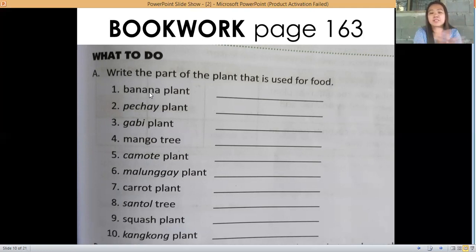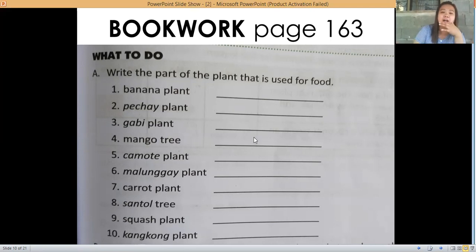And number 3, the gabi plant, we eat the leaves, fruit, and stem. Okay, please write it there.